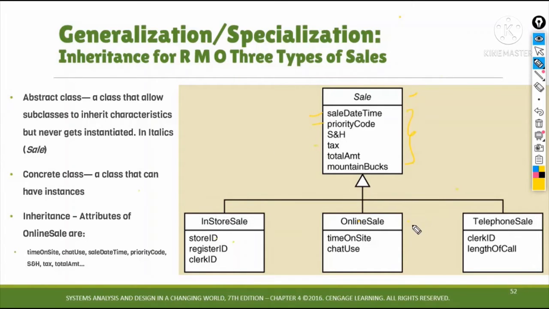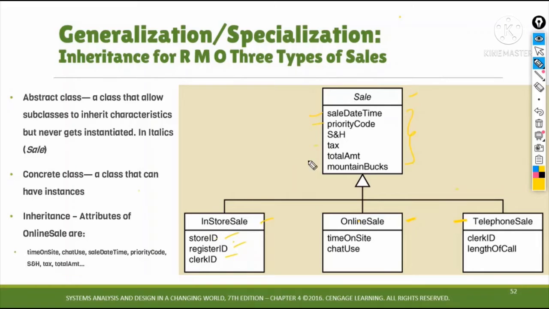Each in-store sale class has store ID, register ID, and clerk ID attributes. But an online sale and telephone sale class have other attributes, which are not similar to in-store sale.